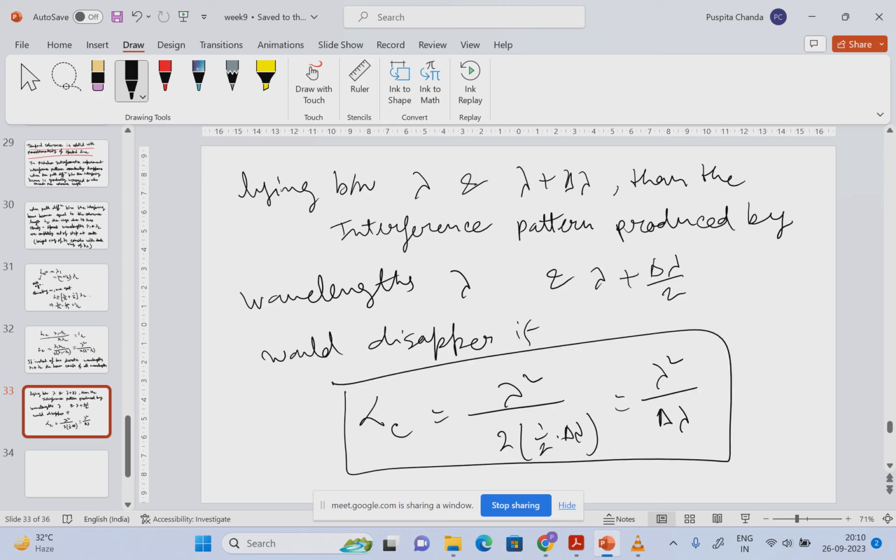From this, we get a formula that the coherence length is lambda square by delta lambda.